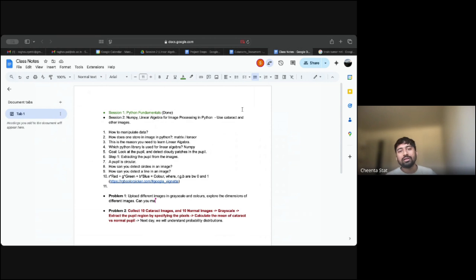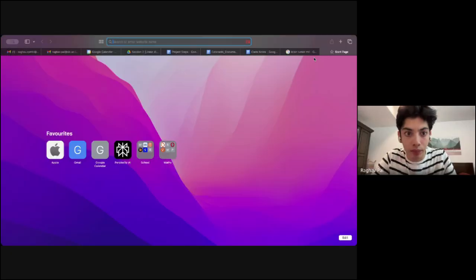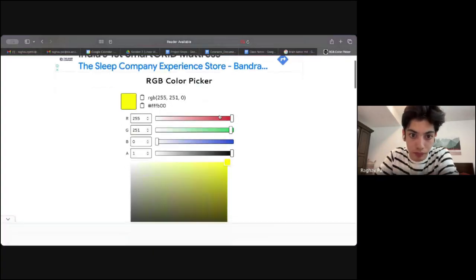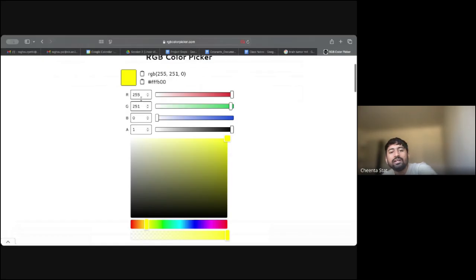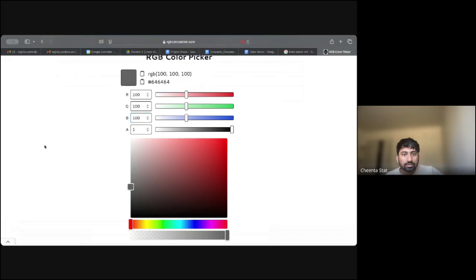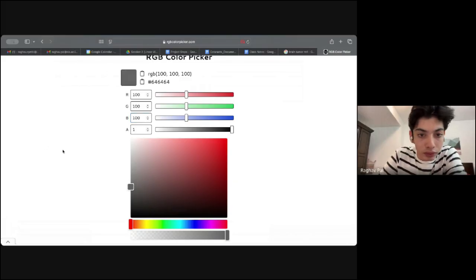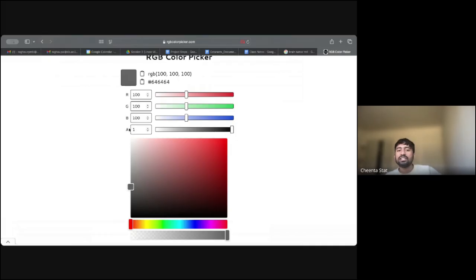Can you go to the color picker once? Just go to another tab and paste it there. Now make all the RGB values equal. You see the color, what's coming out? Gray.